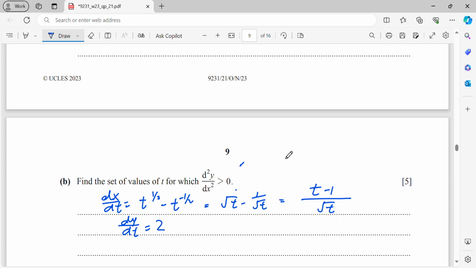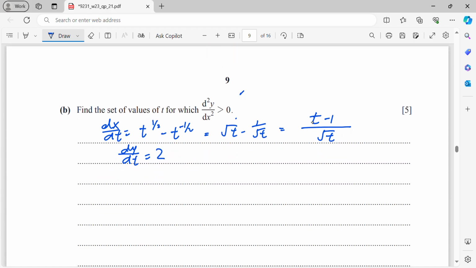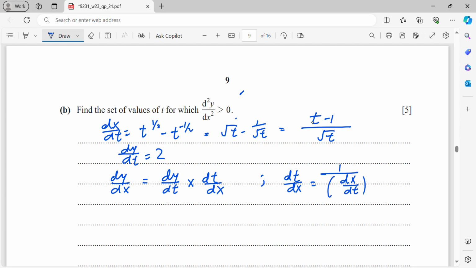Before we get the second derivative, we need to find the first derivative. So I will get it by using chain rule. dy dx is dy dt times dt over dx. So for your info, dt over dx equals to 1 over dx over dt.